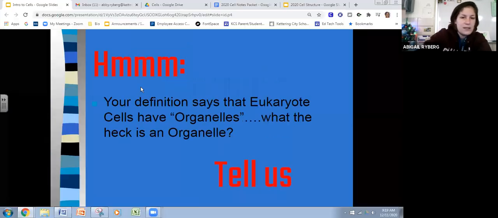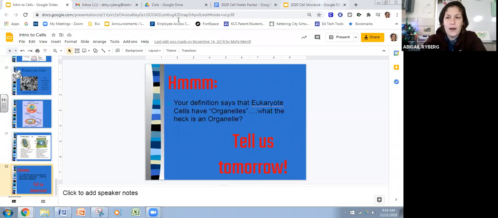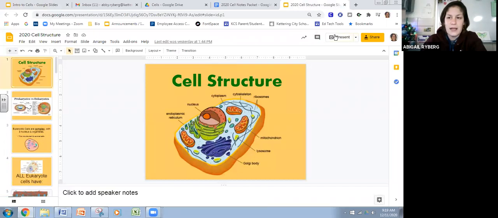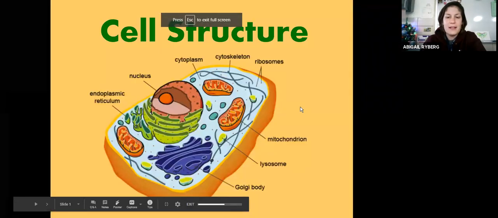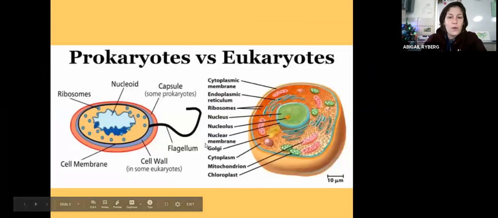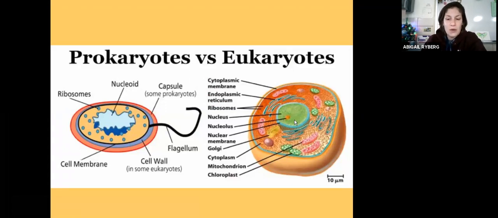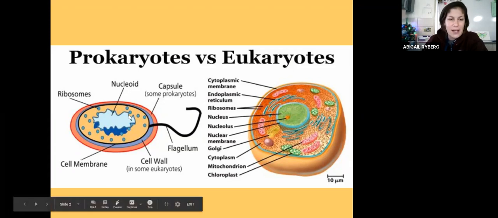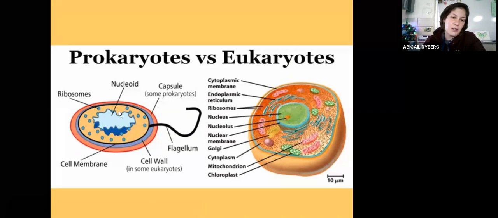Okay, so I'm going to keep moving on to your next page of notes. We're going to take a closer look at the cell structure. Keep in mind that eukaryotic cells are way more complex with the nucleus and lots of organelles, and prokaryote cells are much, much simpler.